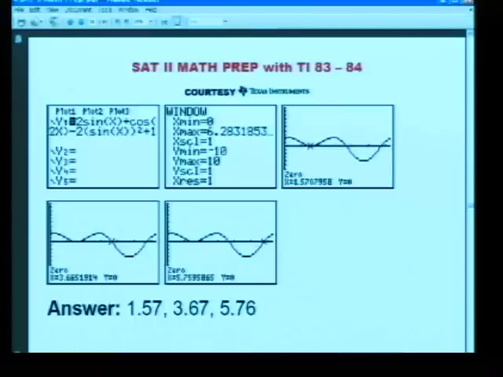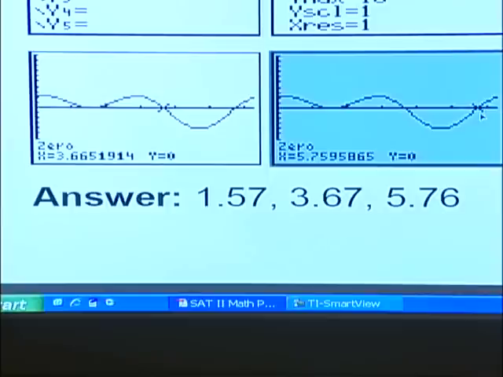Going back to our original question, we have found 3 x-intercepts. One in here, second one in here, and the third one in here. And the zeros are 1.57, 3.67, and 5.76.